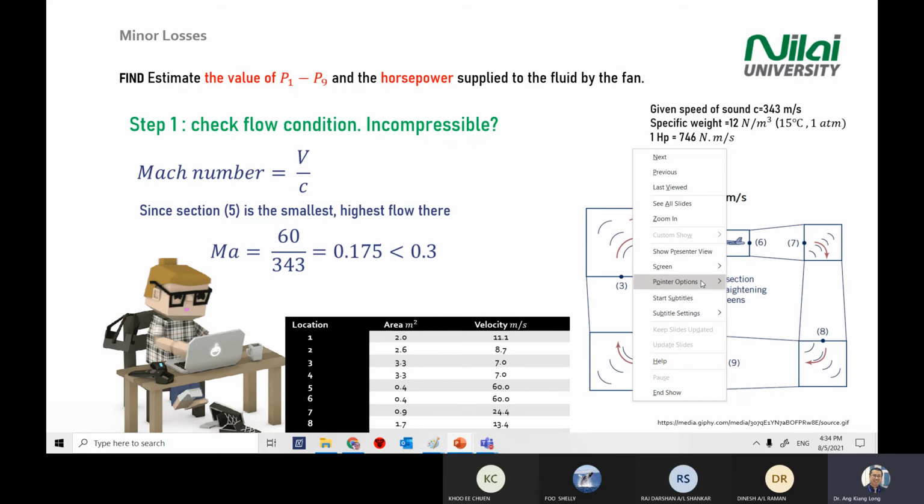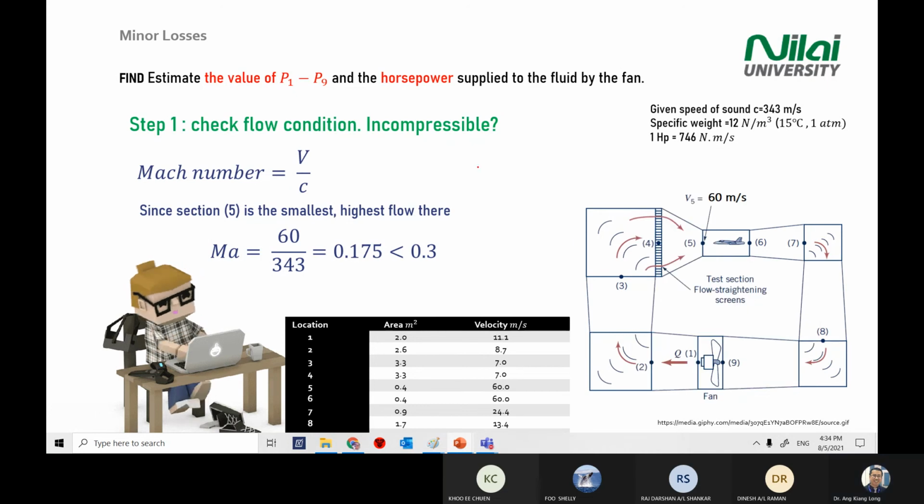Just to give you some hints, speed of sound you can calculate by square root of kRT. I think you learn this in thermo also. Thermodynamics will give you speed of sound. Speed of sound equals square root of kRT.